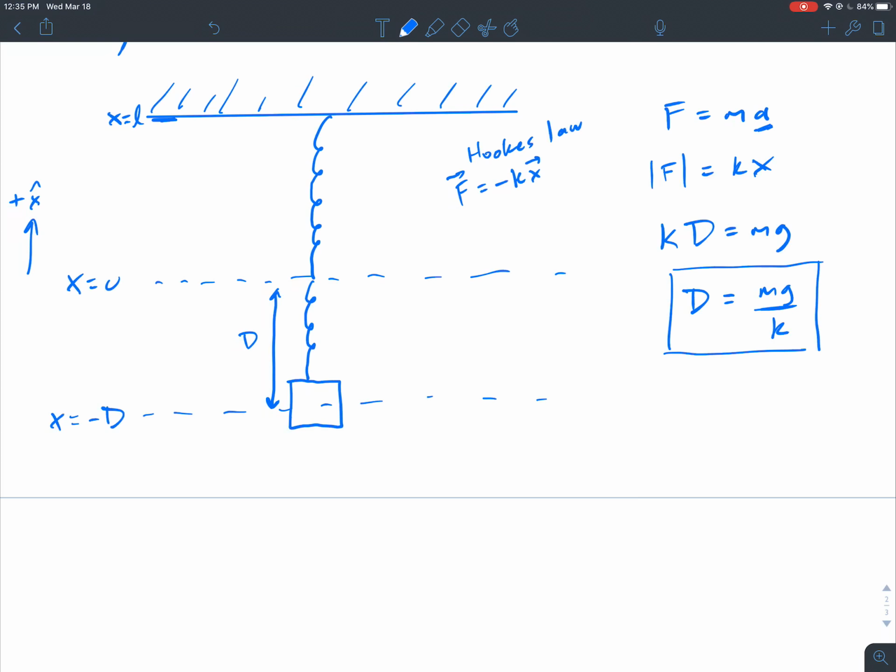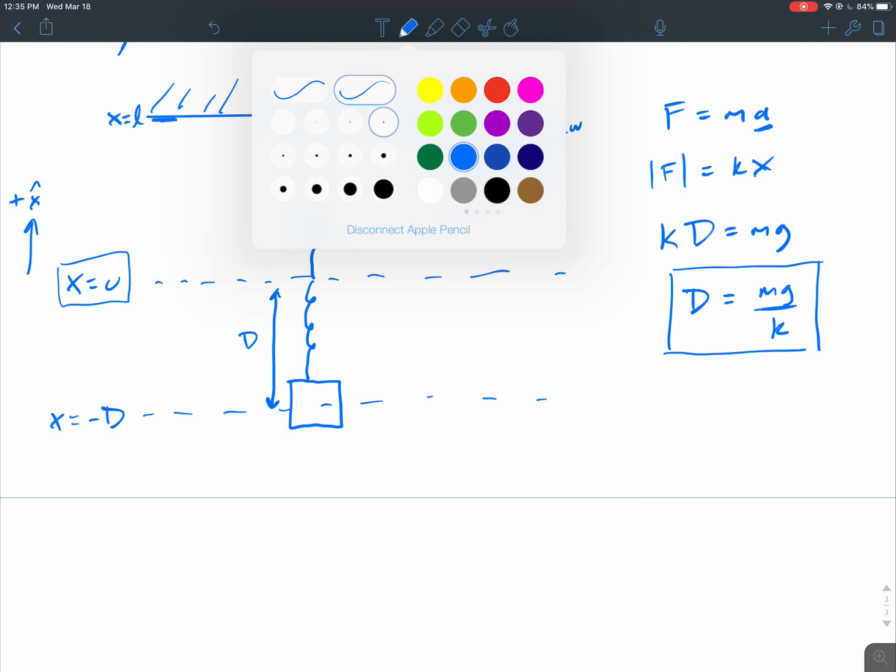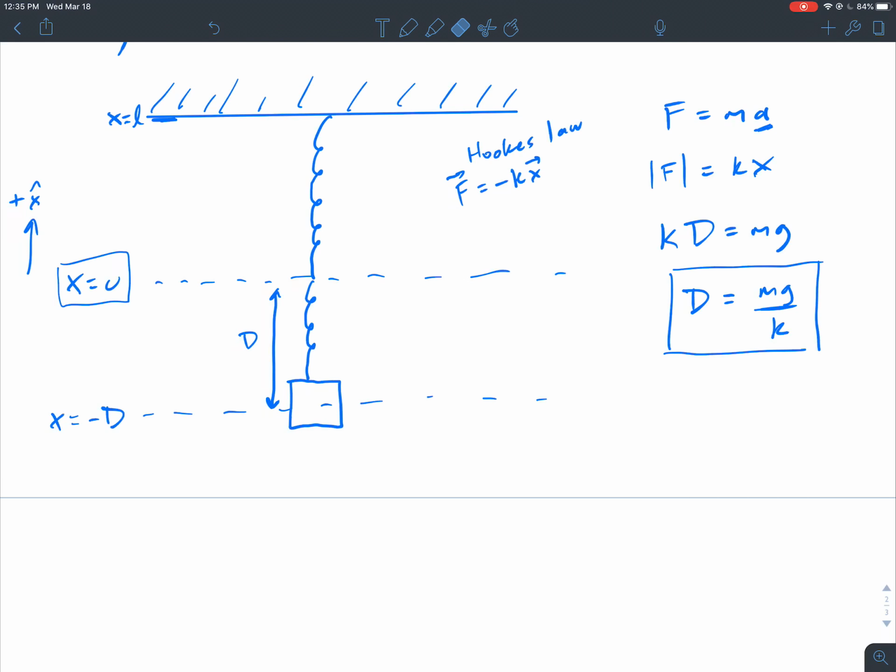Okay, now we're going to do something here. We defined x as 0 here, but that's no longer our equilibrium point. So we want to define a new set of coordinates, and you can call these whatever you want. You can call them y, smiley face, poop emoji, it's just a variable. We're going to call it q.